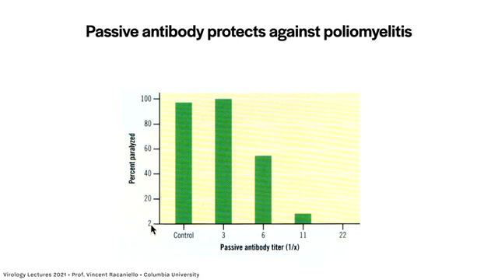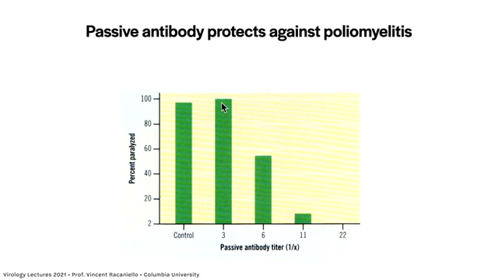So we first inject the animals with antibody against poliovirus, and then we inject poliovirus into them and see if they get paralyzed or not. And the control here receives no antibody, and you can see almost all the animals are paralyzed, 100%. And then we have progressively lower dilutions of antiserum being given to these animals.